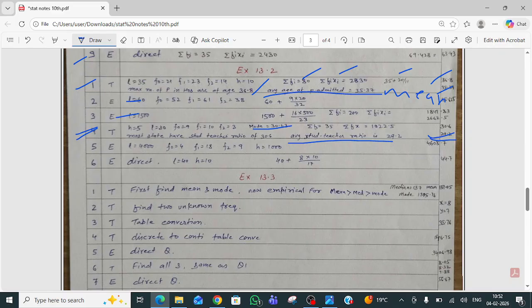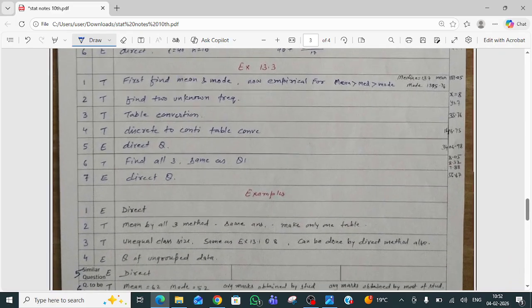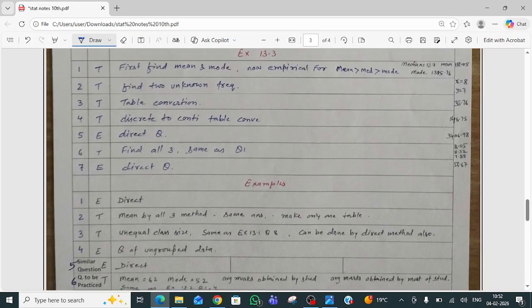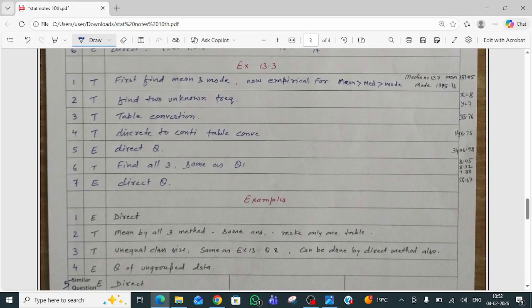Now exercise 13.3. We'll open the first question. In the first question, you have to find mean, median, and mode.